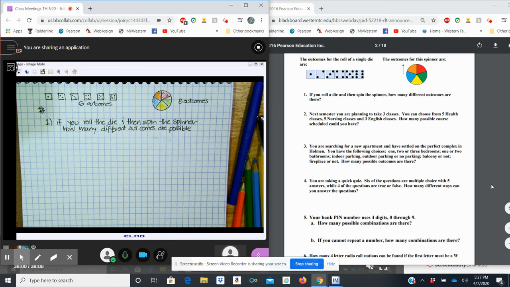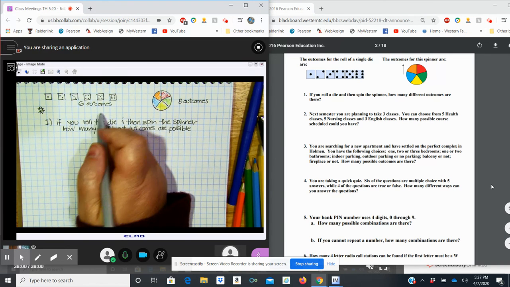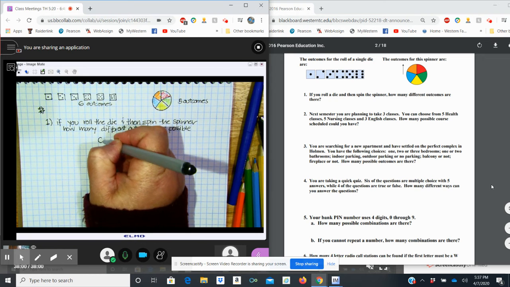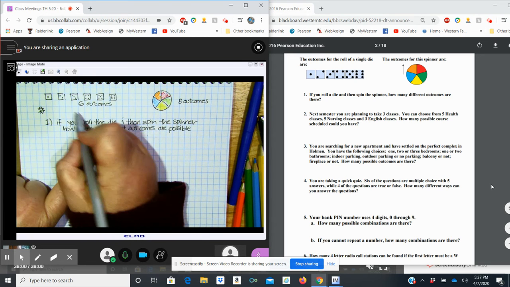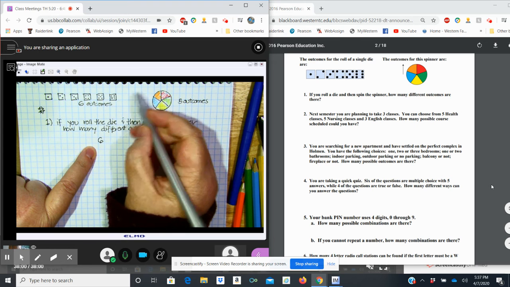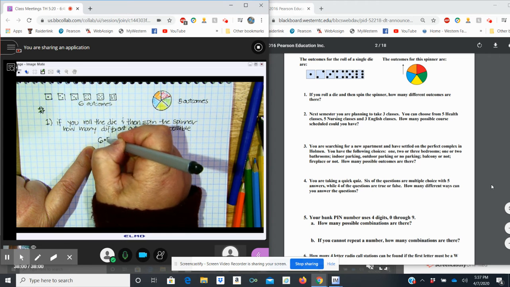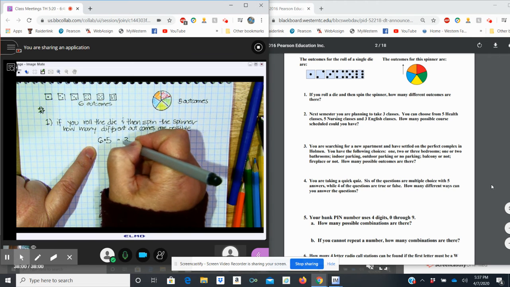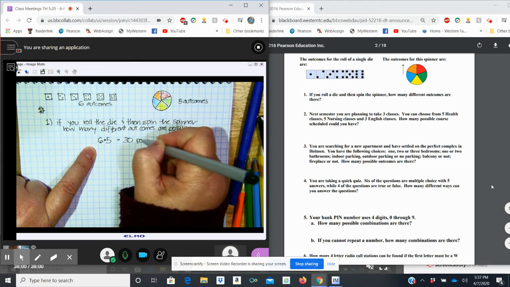No, the answer is not a fraction. We have 6 possible numbers, and each one of those numbers could go with any one of 5 colors. So this is going to be 6 times 5, or 30 possible outcomes.